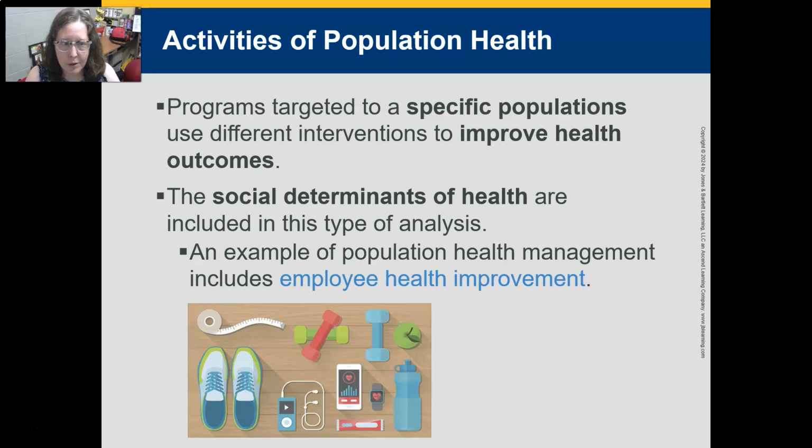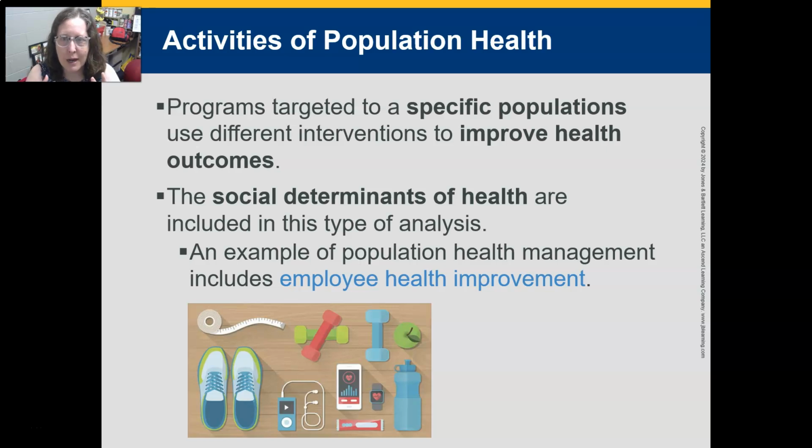So the social determinants of health are included in this type of analysis. An example of a population health management includes employee health improvements. So this could be, within a large company, a factory, or any large group. Even hospitals have employee health improvements, and this can be things like having free membership to a gym.